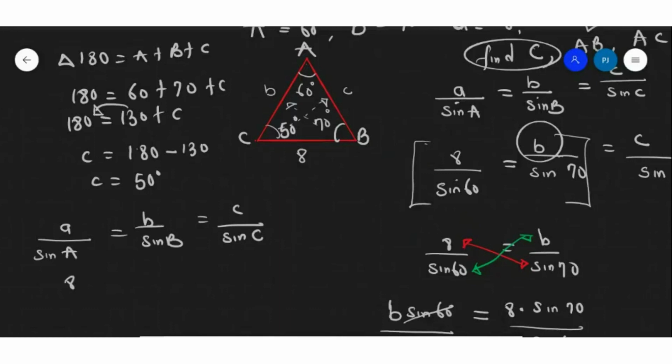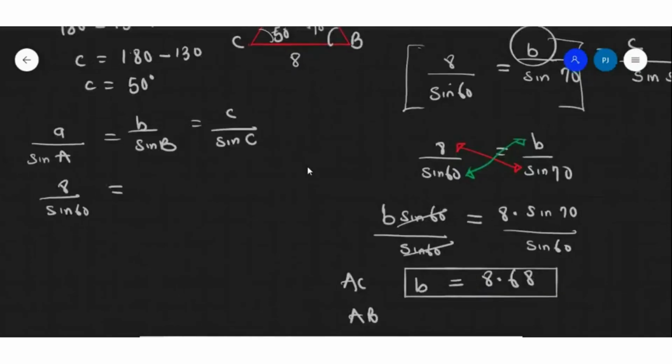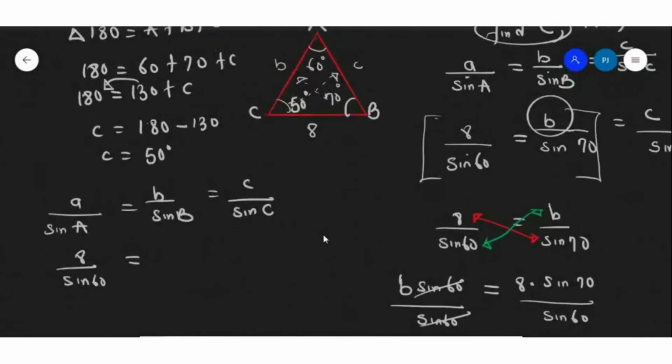So we have 8 over sine 60 is equal to, did we find the value for B already? B was 8 point something, right? Yes, let's go back and check, 8.68. So that's the value for B. So it's 8.68 over sine 70 is equal to c over sine C. What is sine C? 50 degrees.